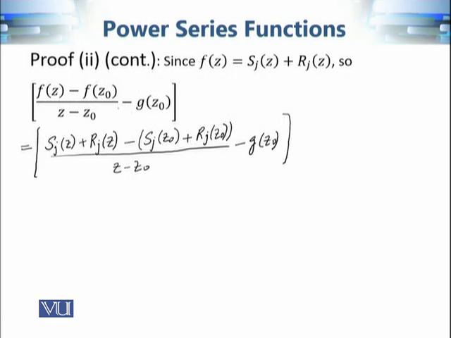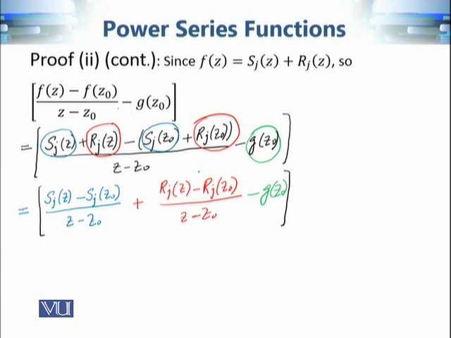Now let's begin with this expression. By using the fact that f of z is equal to s_j(z) plus r_j(z), we can write down this expression in the following form. f of z is s_j(z) plus r_j(z), and f of z0 is s_j(z0) plus r_j(z0), and g of z0 remains the same.